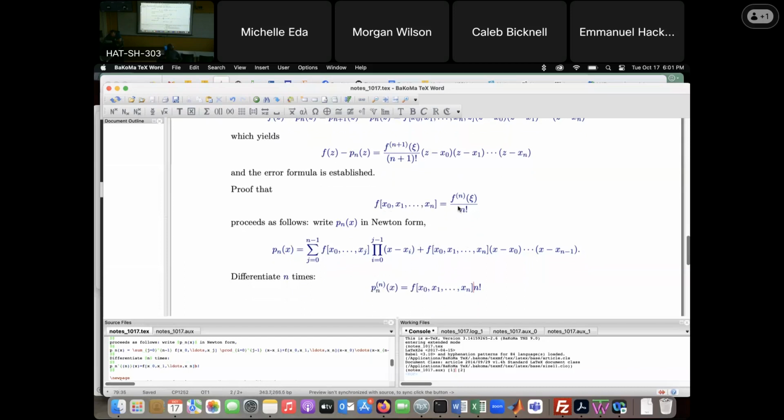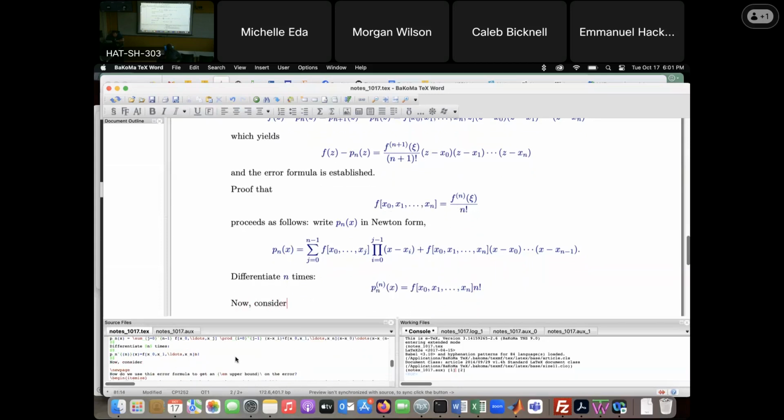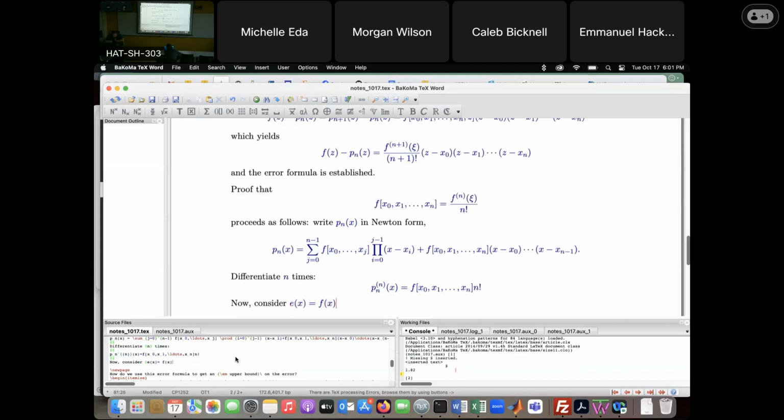There's nothing in here about the derivative of f, so now we have to account for that. So now if we consider this function f of x, I'll define E of x is equal to f of x minus Pn of x.